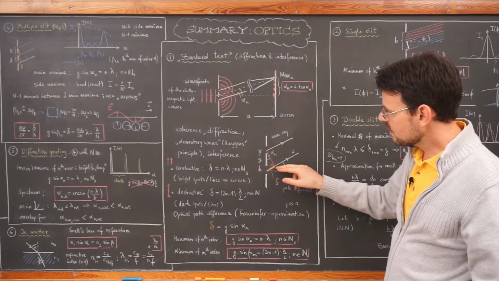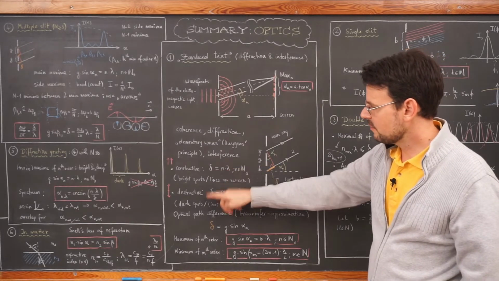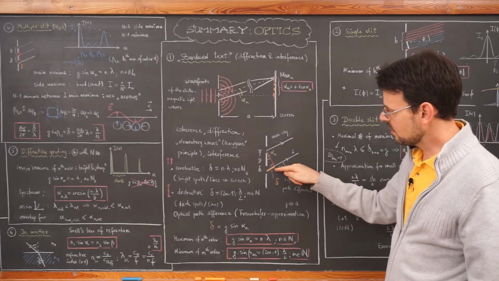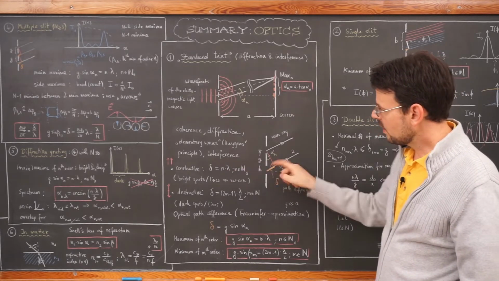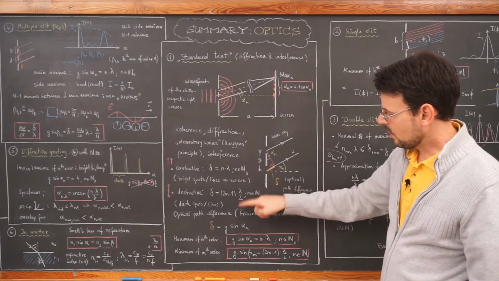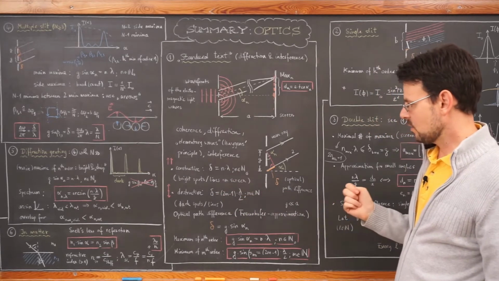And this accounts for constructive or destructive interference, because the length of this piece determines if this here is 1 wavelength or say 1/2 wavelength and so on.